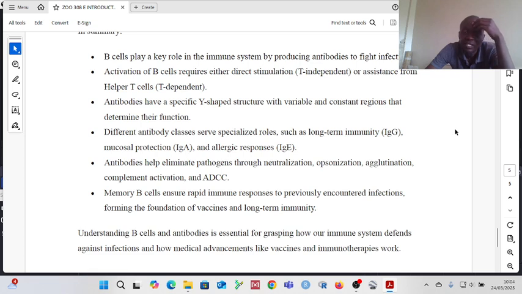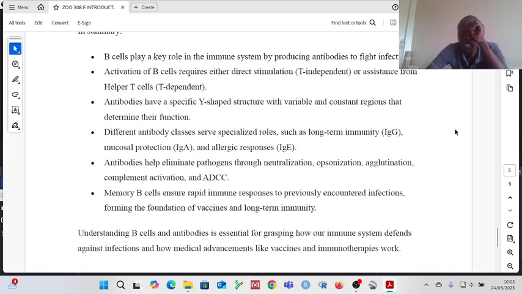The B cells will convert into plasma cells, and others will turn into memory B cells. The plasma cells help in stimulating the production of antibodies, but the memory B cells will remain in the body for long, so that they ensure there is a rapid and stronger immune response in case any previously encountered infection is re-exposed to your body.